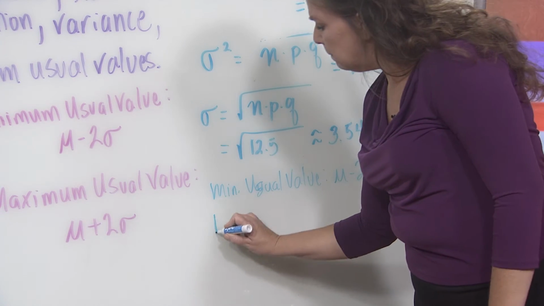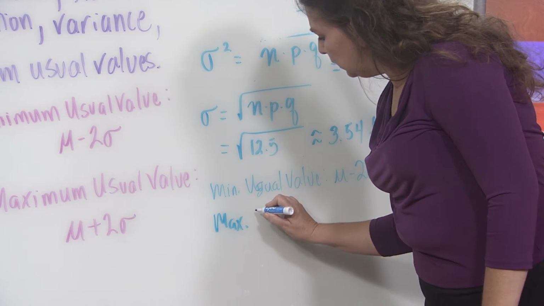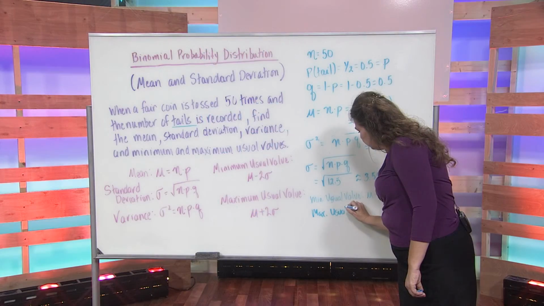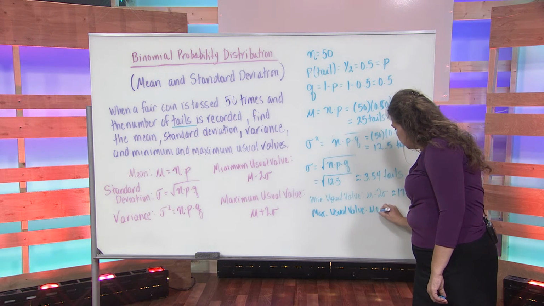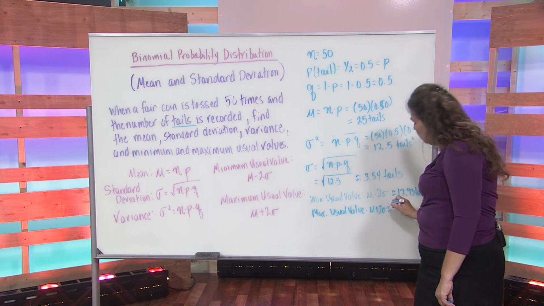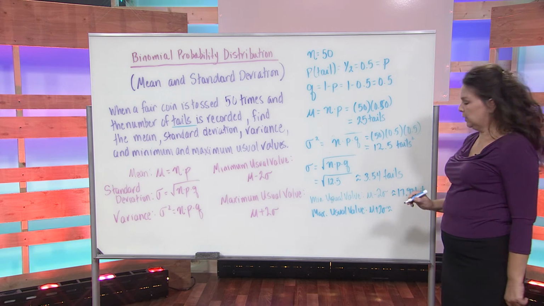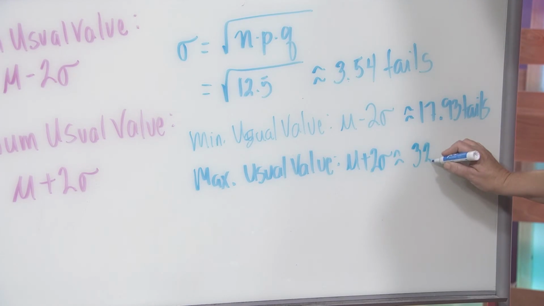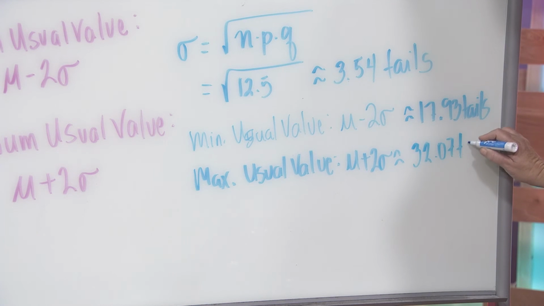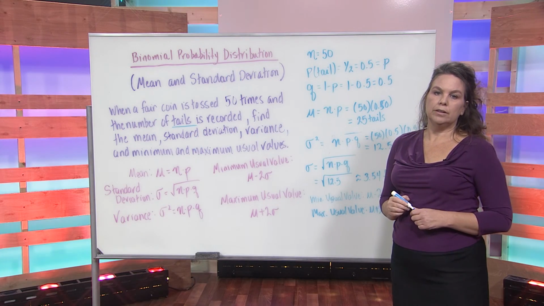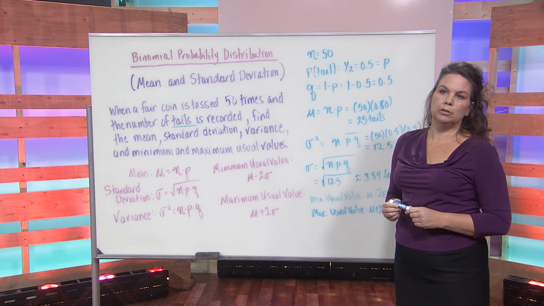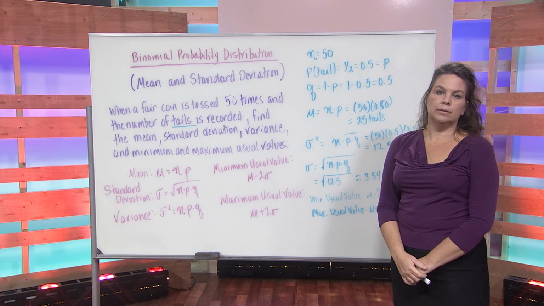And then for our maximum usual value, we have the mean plus 2 standard deviations, and that's going to give us approximately 32.07 tails. So that's an example of the mean, variance, standard deviation, minimum and maximum usual values for a binomial distribution.